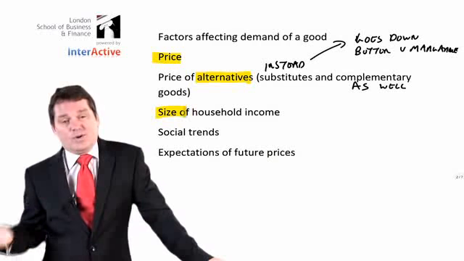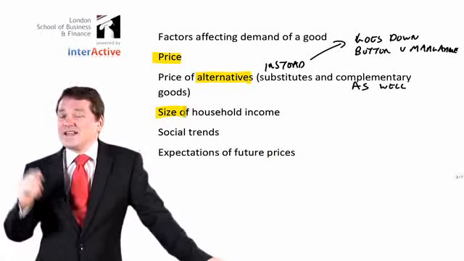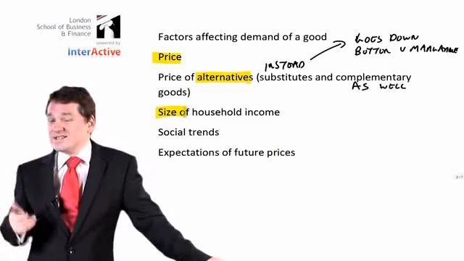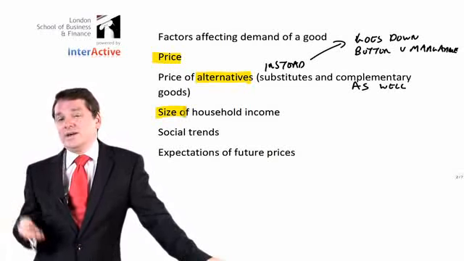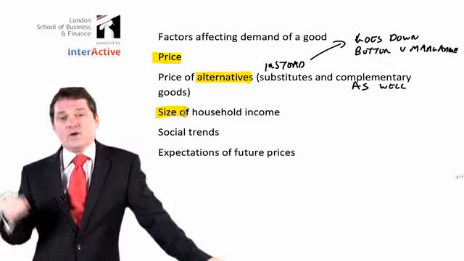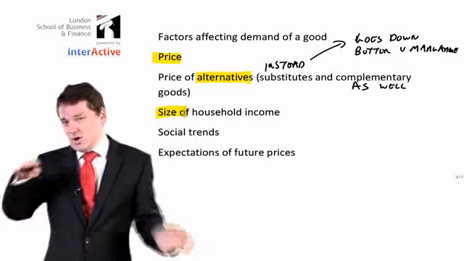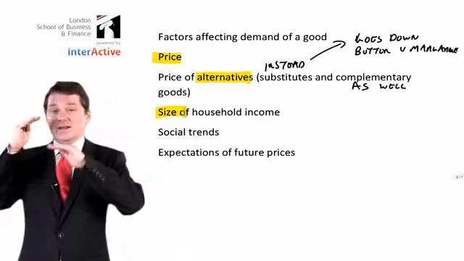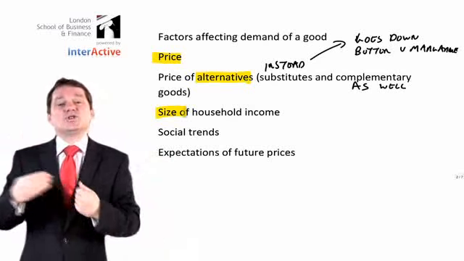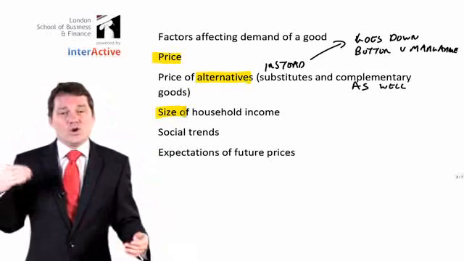So people can afford to buy more things, and not only that, they can afford the good quality things. China is one of the boom areas for luxury goods. People have got more money, but instead of spending it on lots of different things, they want to buy certain things. So the size of household income can affect your products.